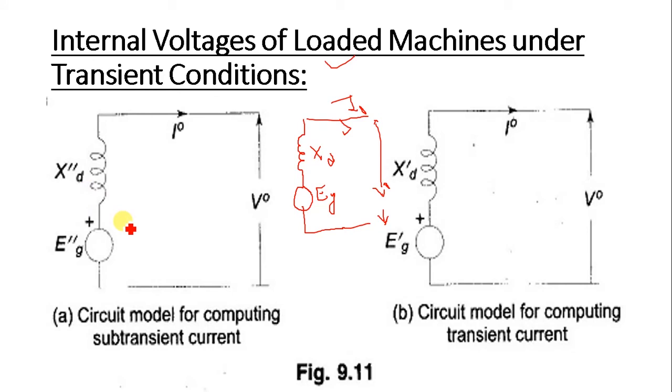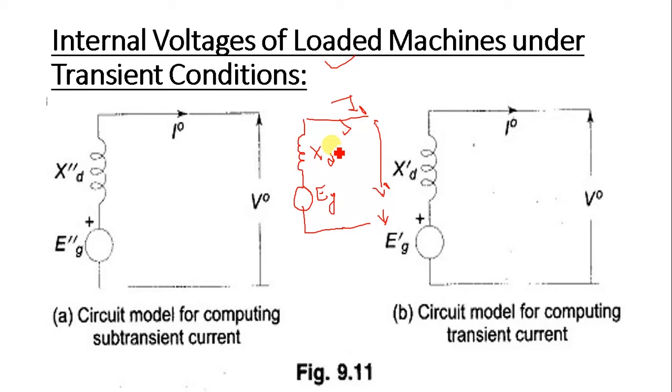Now here in the figure you can show that under the steady state condition, when supplying a current of I naught to the bus terminal of this voltage V naught, Eg is nothing but the induced EMF under the loaded condition, and Xd is nothing but the direct axis synchronous reactance of the machine.